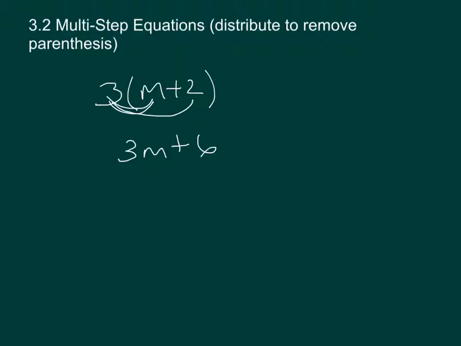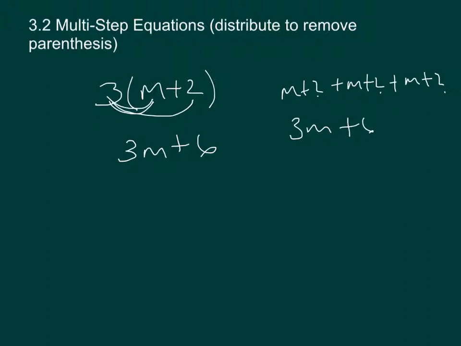Longhand would give me m plus 2 plus m plus 2 plus m plus 2. And then when I combine like terms, I have 1, 2, 3 m's, and 2 plus 2 plus 2 is 6.